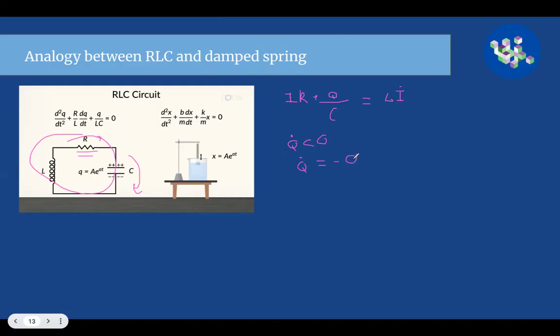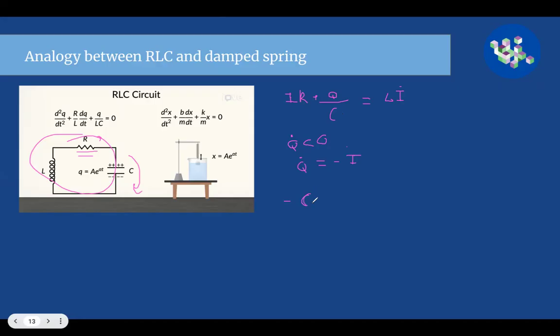Okay, and then we can plug that in. Oh, all right, let me erase this. I drew this wrong. Q dot is negative current.